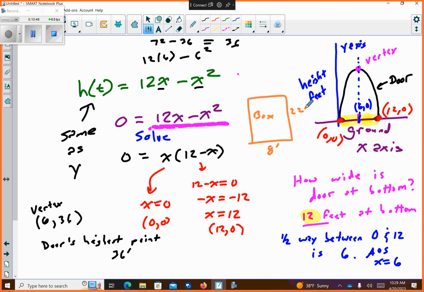And they want to know, hey, can I take this big box, 8 foot wide? From me to you is 8 feet, roughly. Might not be exact, but close. And it's how tall? 22 feet tall? So more than 2 of these ceilings tall?